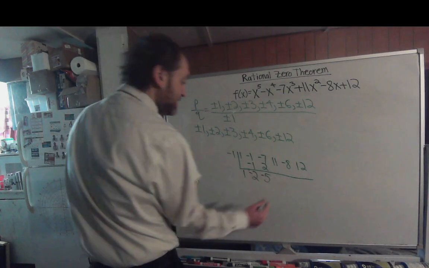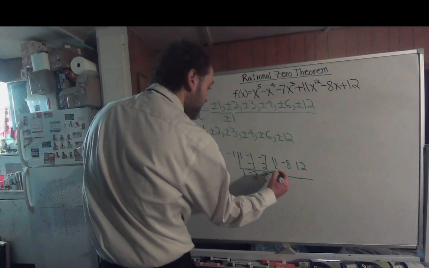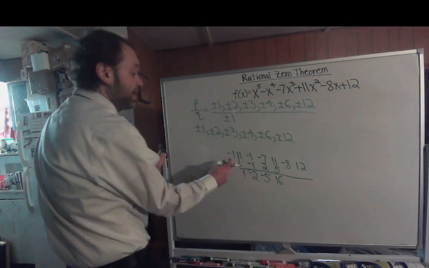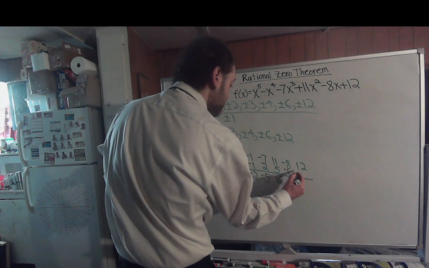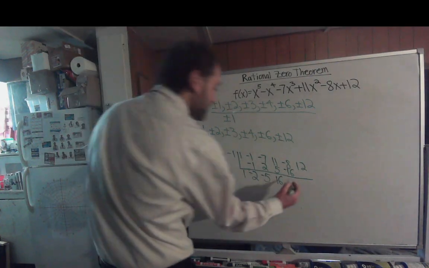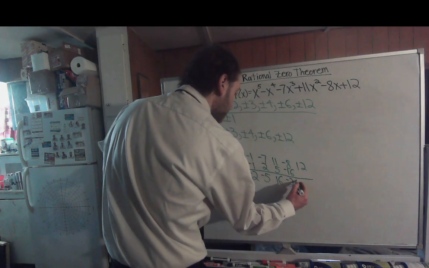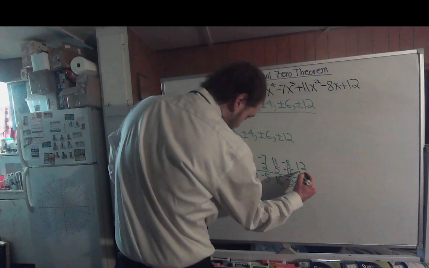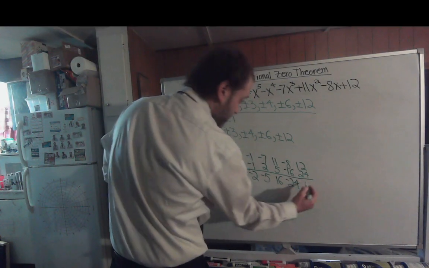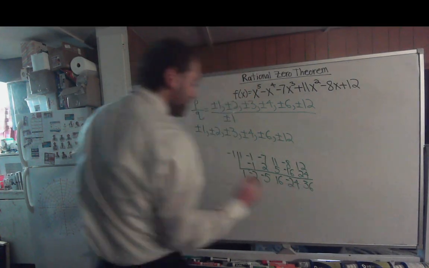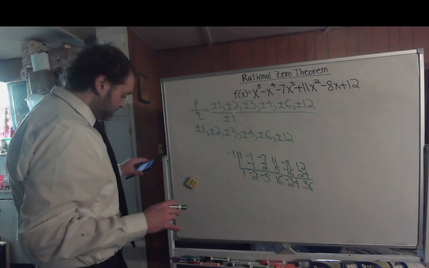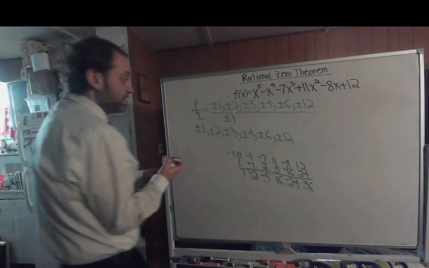Negative 1 times negative 5, well, that's going to be 5. 11 plus 5 is 16. Negative 1 times 16, negative 16. Negative 8 plus negative 16 is negative 24. Negative 1 times negative 24 is positive 24. 12 plus 24 is 36. We have a remainder of 36, so that negative 1 also doesn't work as a rational zero. So let's move on.